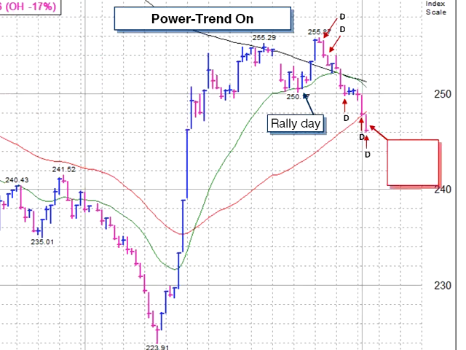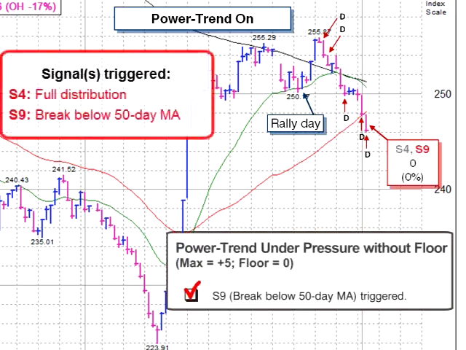Okay, so now on this day, what happens? S9. So that's our S9 plus the additional distribution. So we didn't act on the S4, but the S9 we act on, as Charles mentioned, that removes the floor. The power trend is still on because the 21-day has not gone underneath that 50-day.